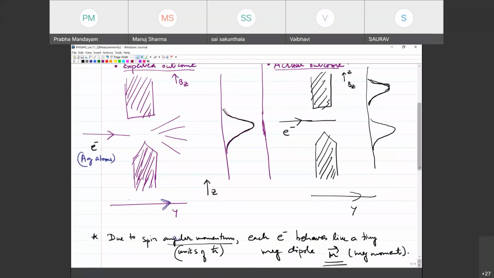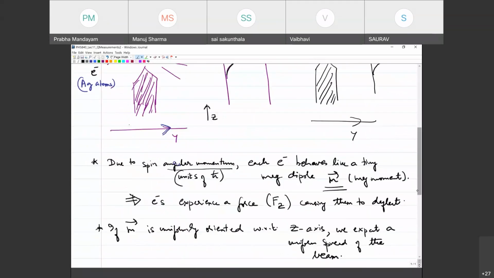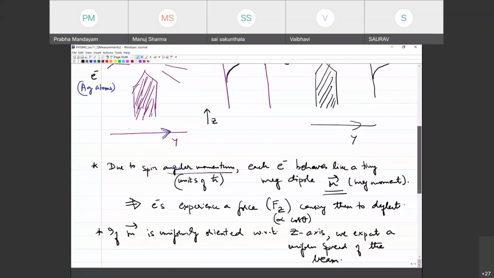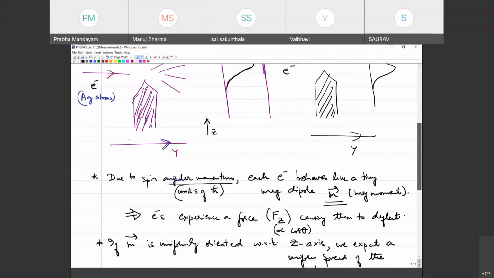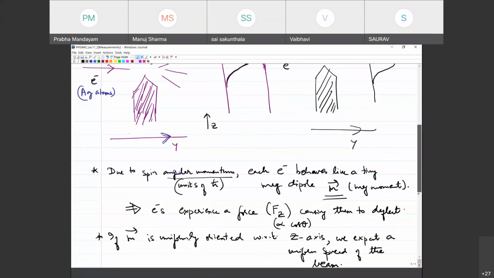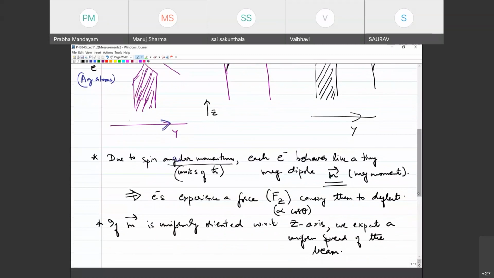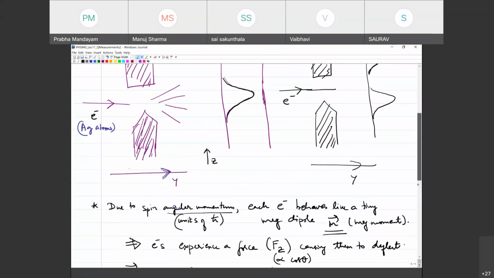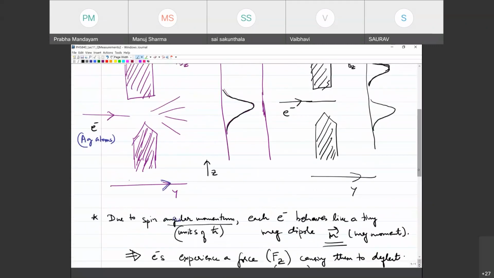Like I said yesterday, the force is indeed proportional to cosine theta, which means the larger is the theta, the smaller is the deflection. And the smaller is the theta, the smaller is the deflection, or did I say that the other way around? The smaller is the theta, the larger is the deflection. That's what I meant to say. So this is indeed proportional to the angle that it makes with the z-axis. So this kind of spreads out into a uniform thing like this.